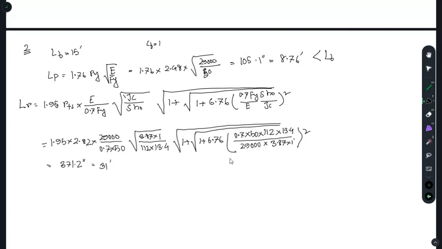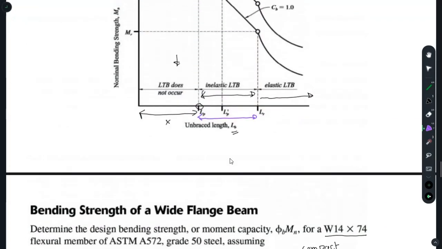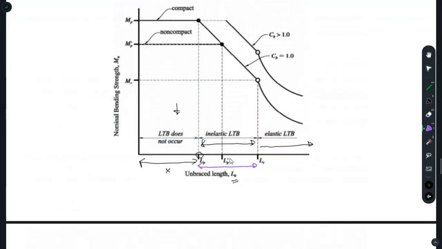So you can see that your Lb value, which is 15 feet, is greater than the Lp value and less than the Lr value. So your zone is this zone.